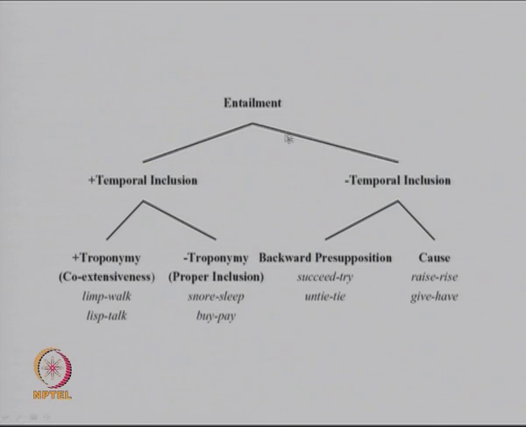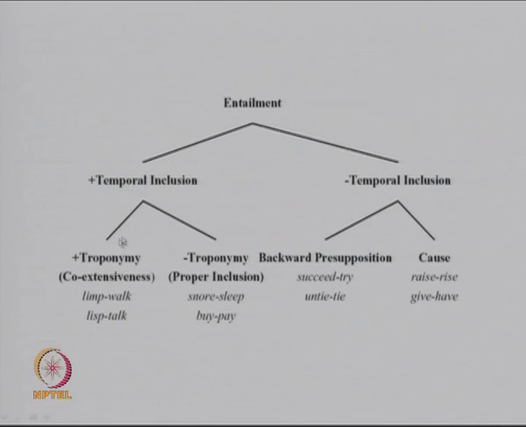Okay. So, we have discussed all these relationships. We just remind ourselves of this rich relationship called entailment, which is between verb concepts, verb synsets. So, entailment can be with temporal inclusion or without temporal inclusion.